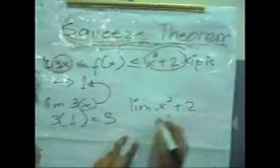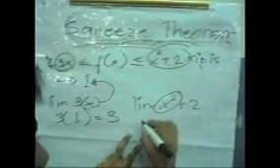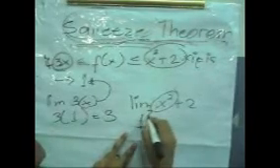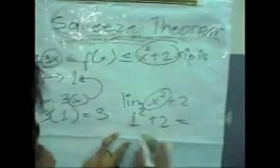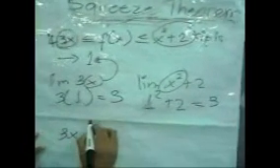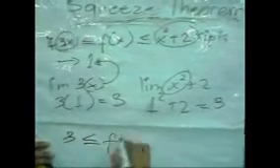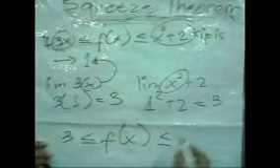Oh, I'm wrong: 1 squared plus 2 equals 3. So 3x simply becomes 3, and we have 3 is greater than or equal to f of x, which is greater than or equal to 3.